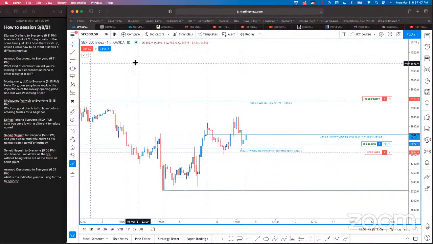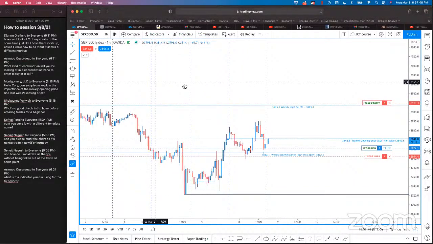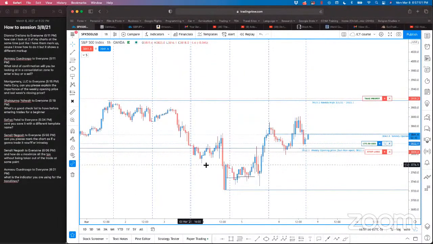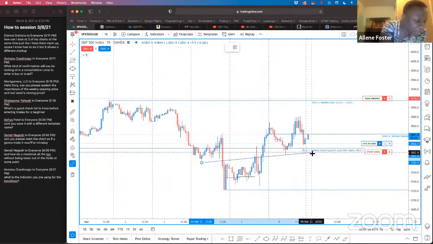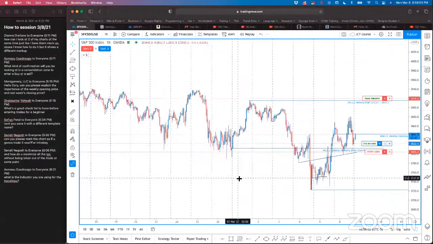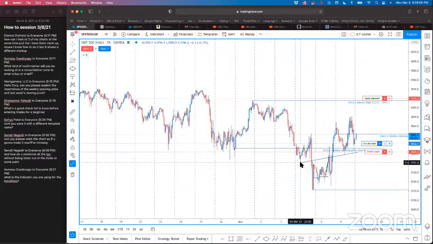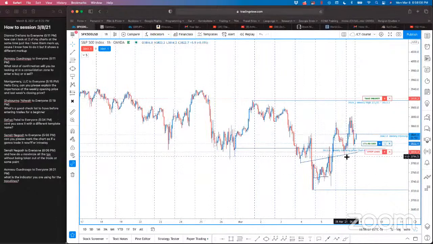Wait, what do I have this on? I see one on the 1 hour inverted right here. I think I have it on a 15-minute. I see the left shoulder, head, right shoulder.